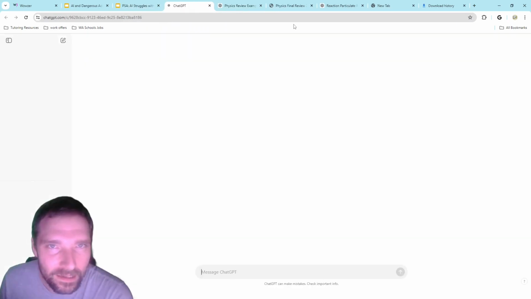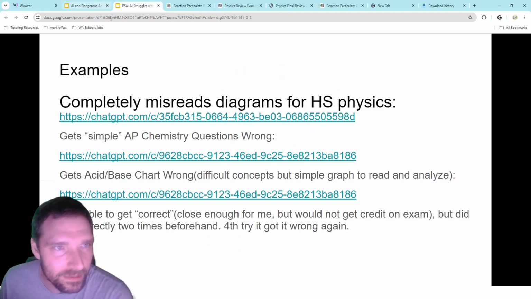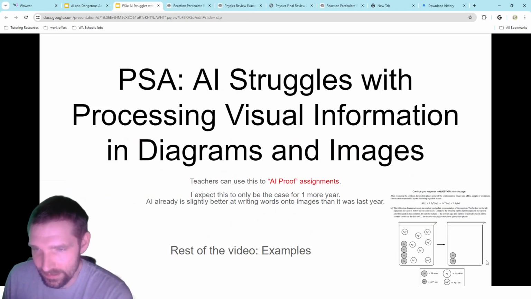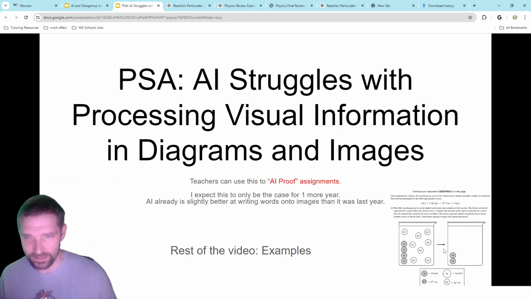There was a diagram, I think I showed it on the first slide right here. This is a pretty typical AP chemistry question where you need to figure out how many products there are, how many things are ions, how many things are just the neutrally charged atom, being a precipitant here.